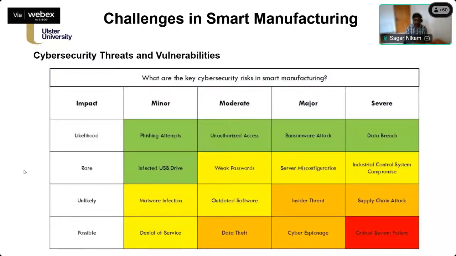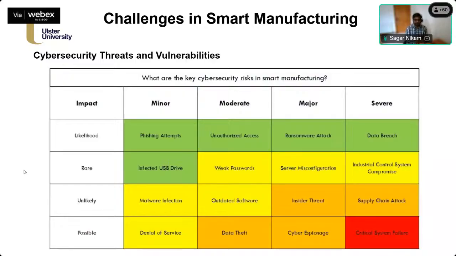If you talk about a phishing attempt, it's highly possible. Unauthorized access is highly possible. Then ransomware attacks and data breaches. These are highly possible cybersecurity threats. Other threats, like an infected USB drive, are very rare.